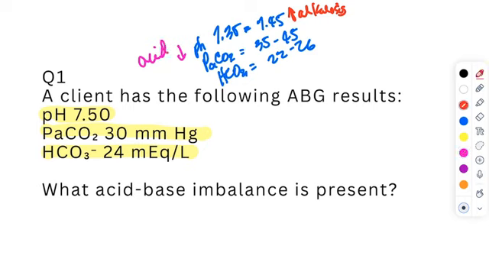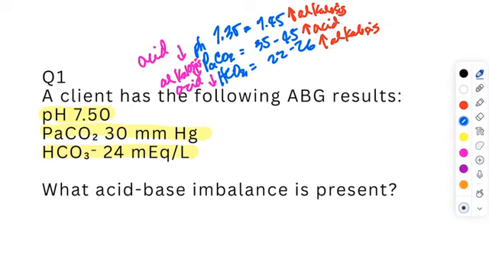And when it's higher for PaCO₂, it's going to be acid. When it's lower, it's going to be alkalosis, right? And then again here, when it's higher, it's alkalosis, and below would be acid, right? So those are the guidelines.